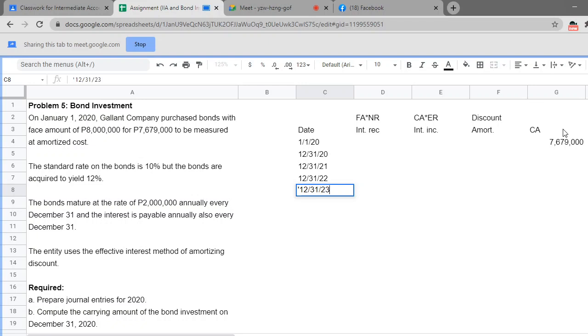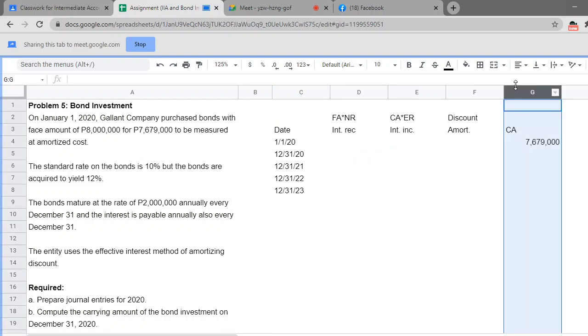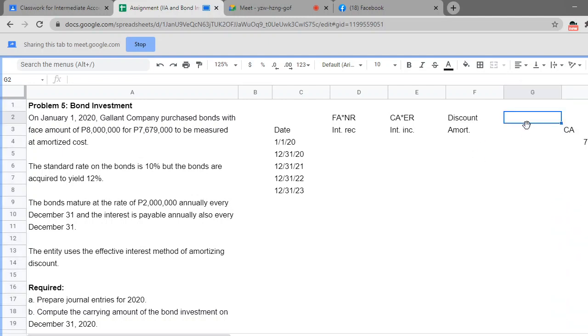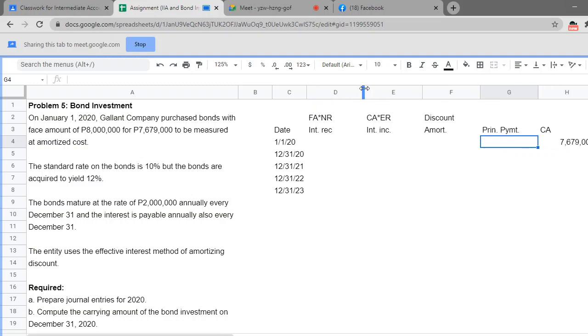At least man lang, di ba, natay na human nga amortization. Okay. But since this is a serial bond, ang atuang table of amortization madungagan og usa ka item. So, unsa man na siya nga item? Okay, we have here the principal payment. Right? The principal payment after the amortization column.